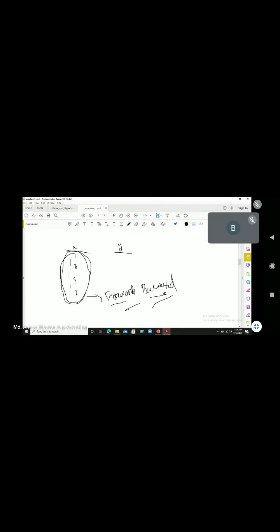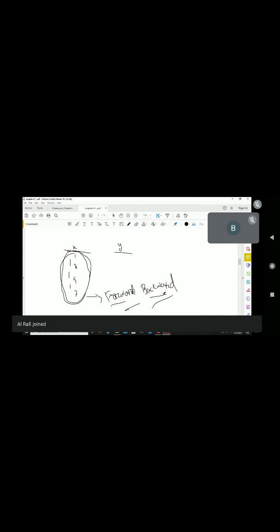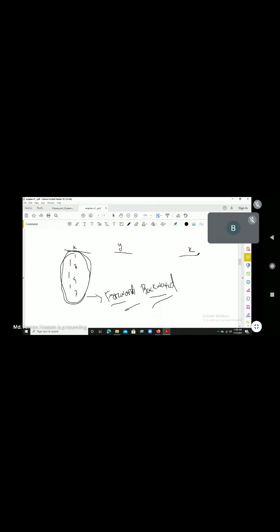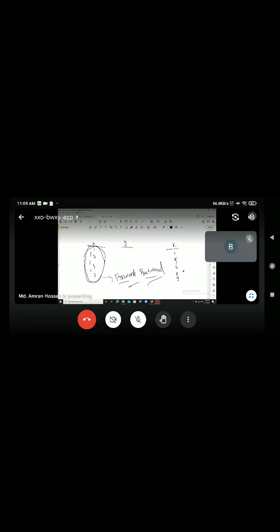Today I'm going to discuss the method for unequally spaced data. Unequally spaced means sometimes the values of x are like 1, 5, 6, 8, 9. Is it equally spaced? No, sir. So if we have unequally spaced data, what types of method do we use here?